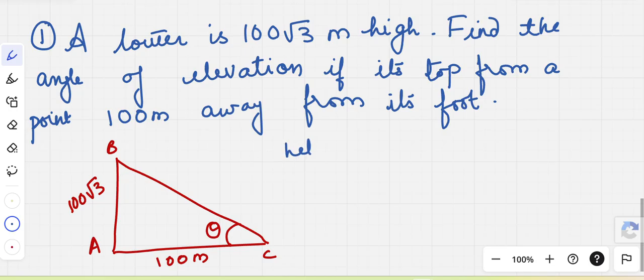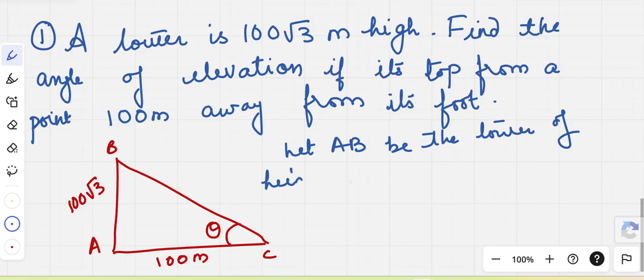You will have to say, let AB be the tower of height 100 root 3 meters. Otherwise, when teachers correct it, they will ask you, what is the explanation of the diagram?